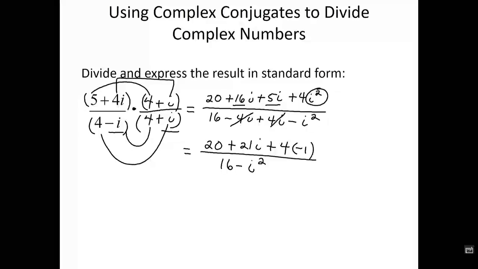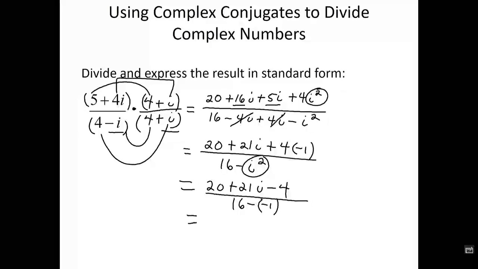So that's 4 times a negative 1. We have 20 plus 21i. Positive 4 times the negative 1 is a negative 4. All divided by 16 minus, again, i squared is a negative 1.